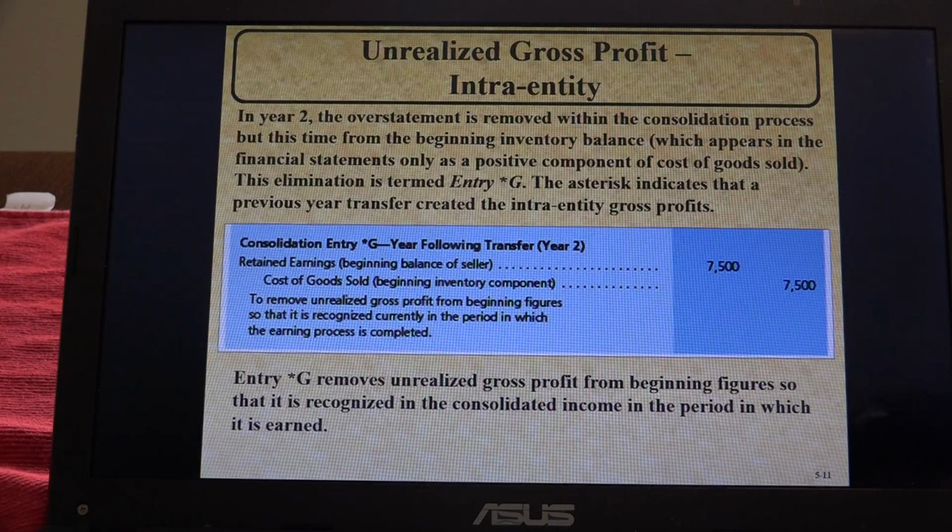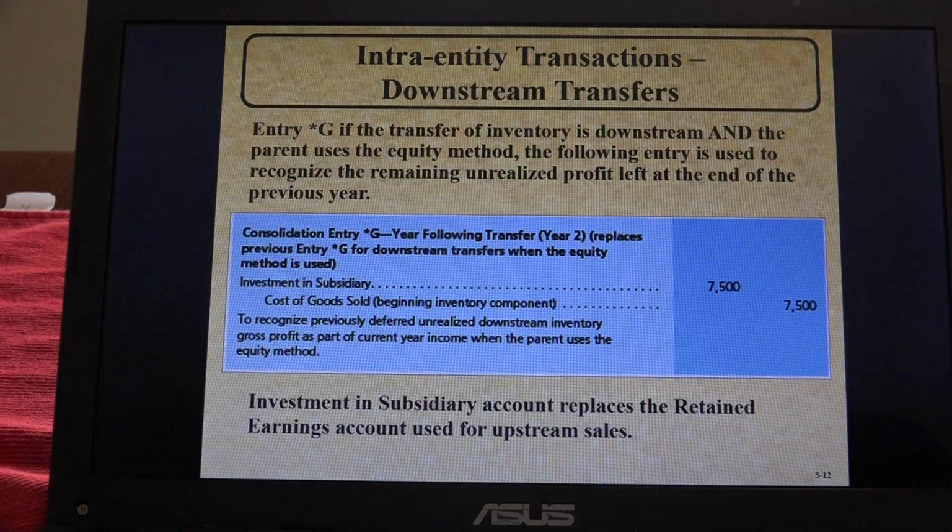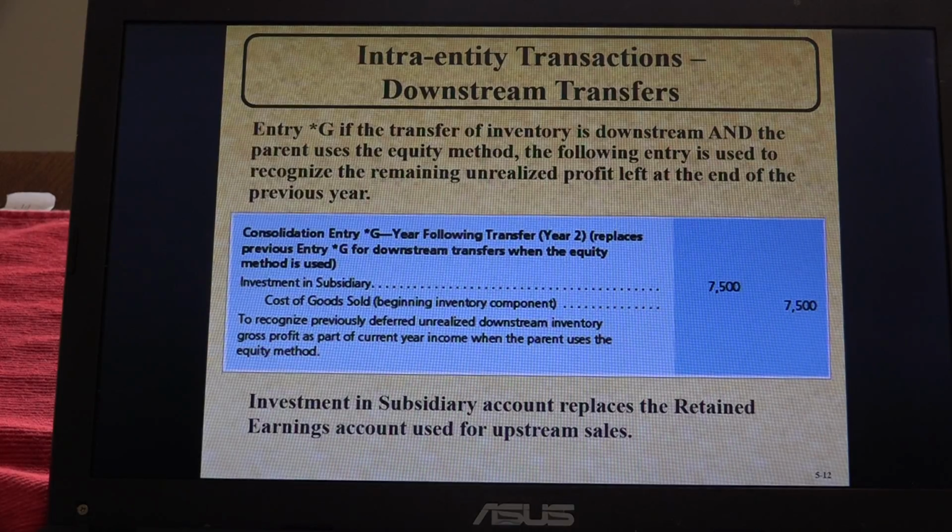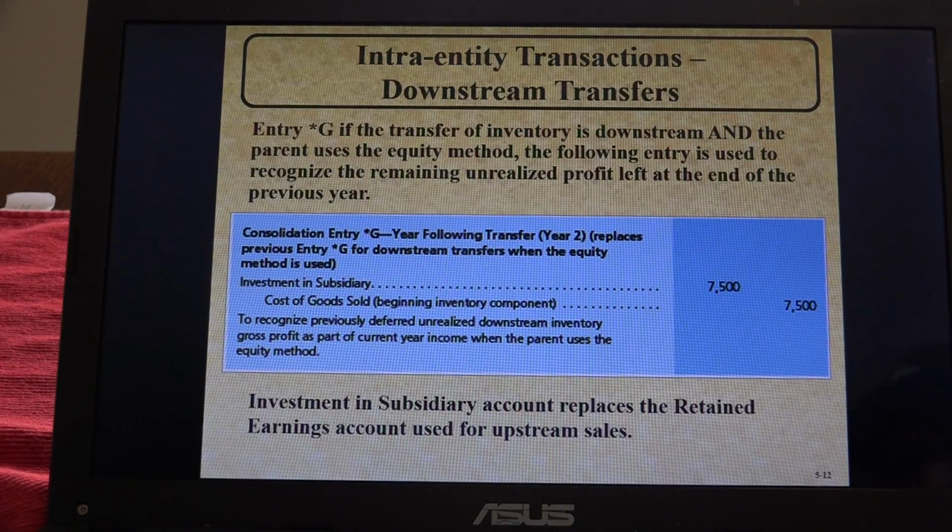Now, what do you do when you have this type of transfer, but it is a downstream sale with a parent who uses the equity method? Well, it's a different entry, at least from the standpoint of the debit portion.